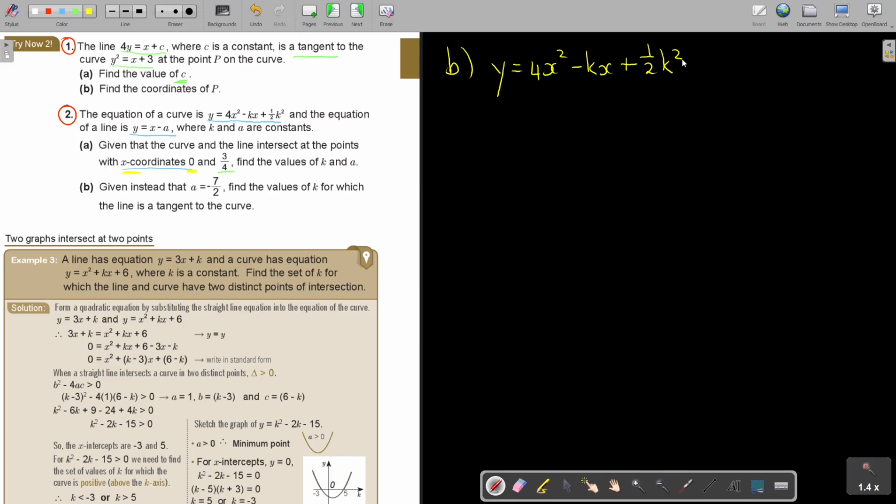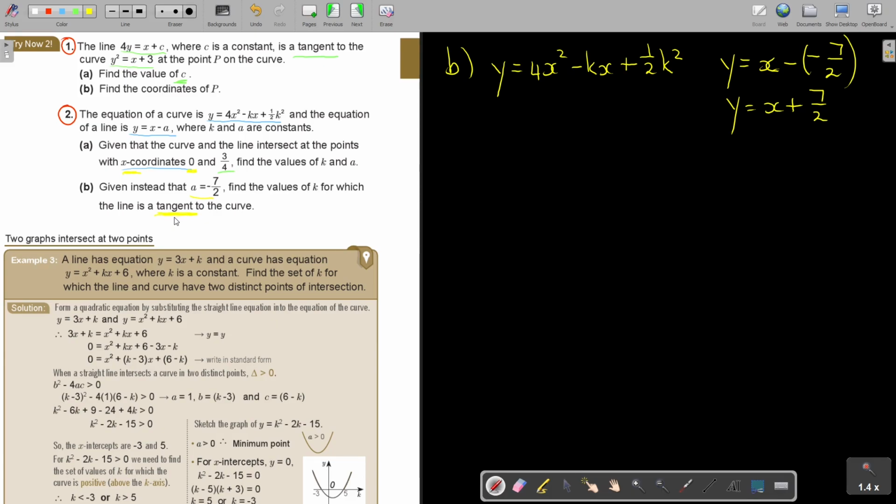But if you come to this one, then it's y equals x, and they tell you the value of A is negative 7 over 2. That means y is equal to x plus 7 over 2. Okay, and now they say find the value for k when the line is a tangent.